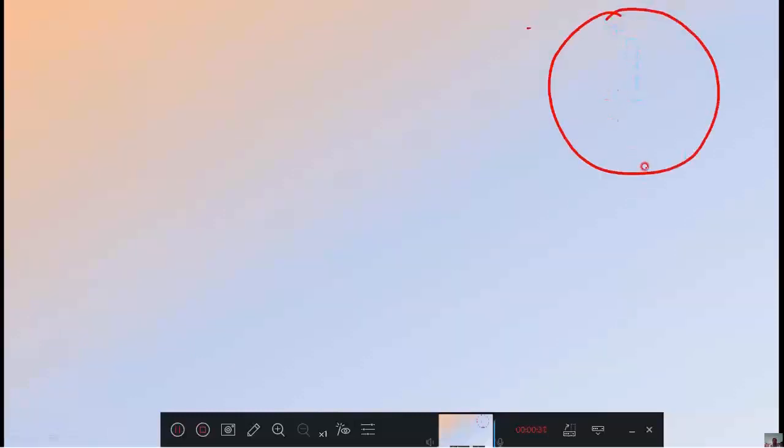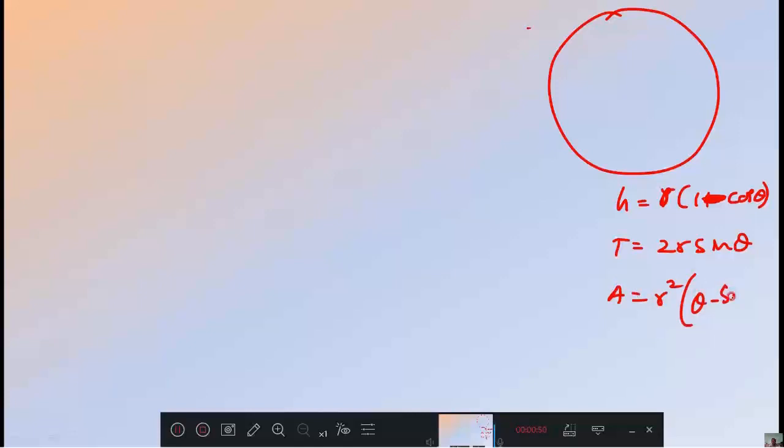Actually for circular we have many formulas. h equal to r into (1 minus cos theta), and top width is equal to 2r sin theta, and area is equal to r square into (theta minus sin 2 theta by 2), and perimeter equal to 2r theta.